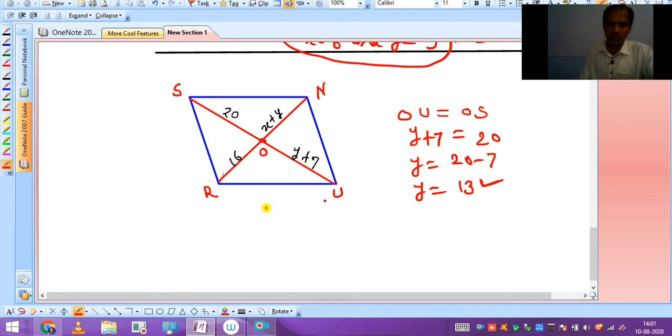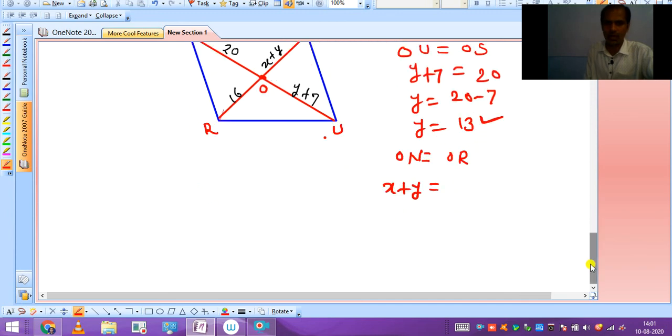Similarly, we can find the value of x. So, the second diagonal, which is RN, we can write ON equals OR. Now, ON is x plus y and OR is 16. Then x equals 16 minus y, equal to 16 minus 13, because we have found y already.